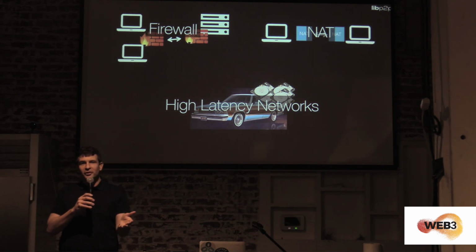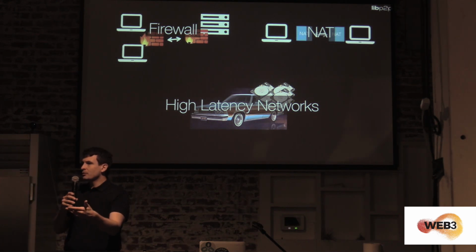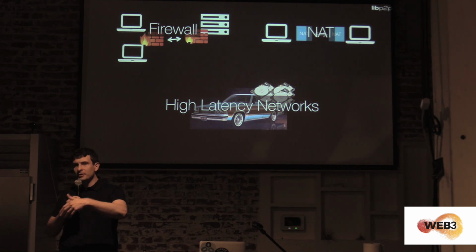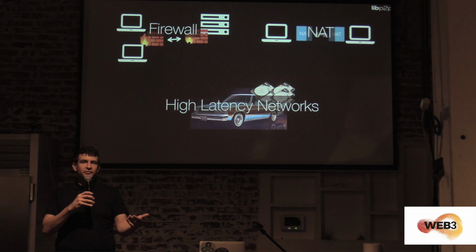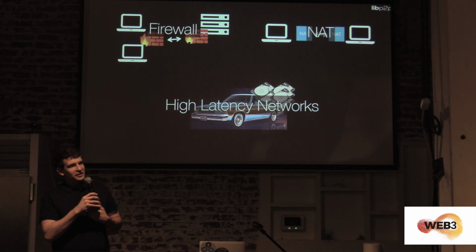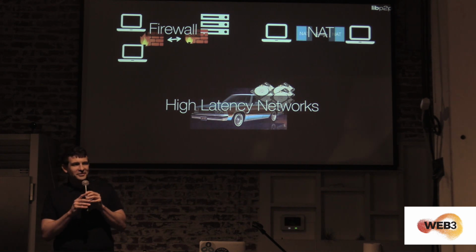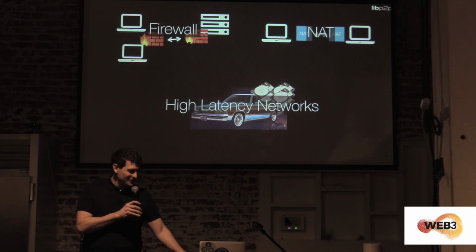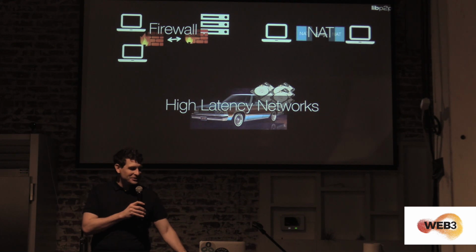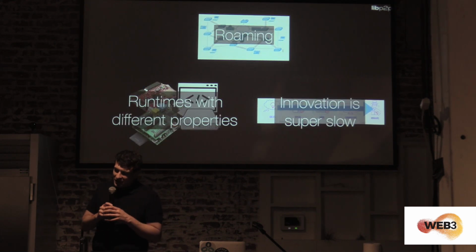Even here on Earth, though, we have relatively high latency networks in a lot of situations. There are many parts of the world that don't have good, reliable connectivity, or even when it works, it's fairly high latency. I live in North Idaho. It's a very rural part of the United States. We don't always have great latency. Sometimes we don't have internet at all. So these kinds of challenges are real.